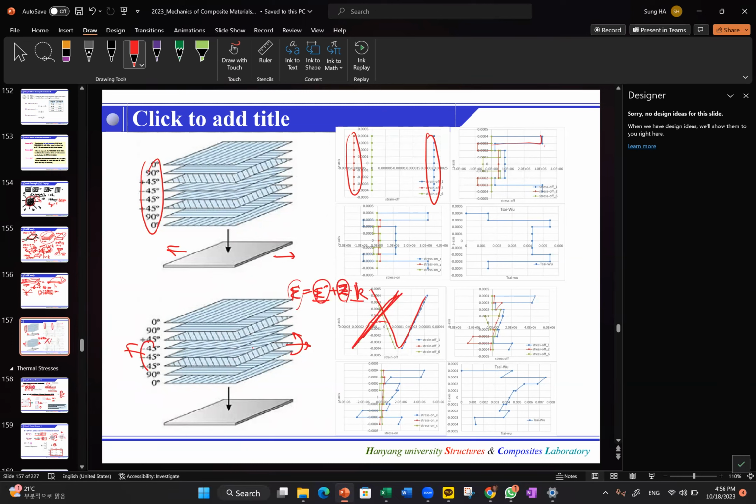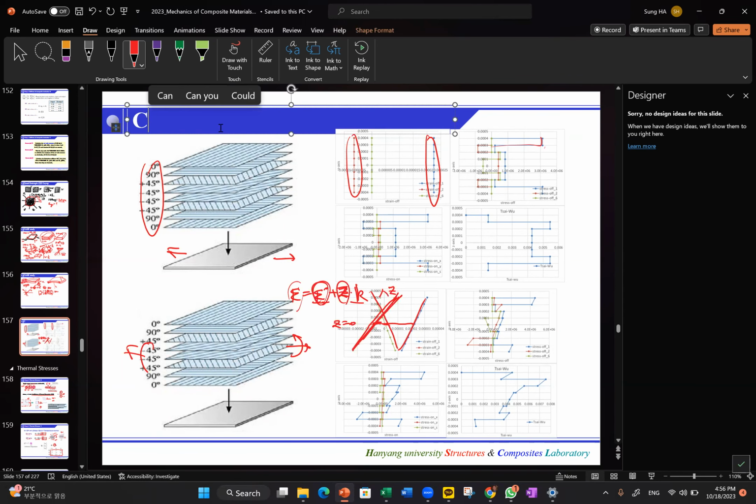But since at z equals 0 we have a strain, it means that here we have a non-zero strain. At z equals 0, right? Since it is the z-axis. So this is the isotropic case.